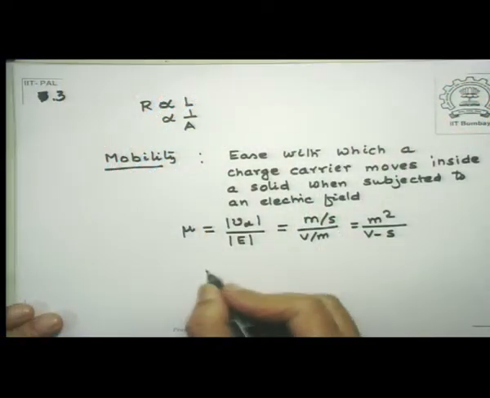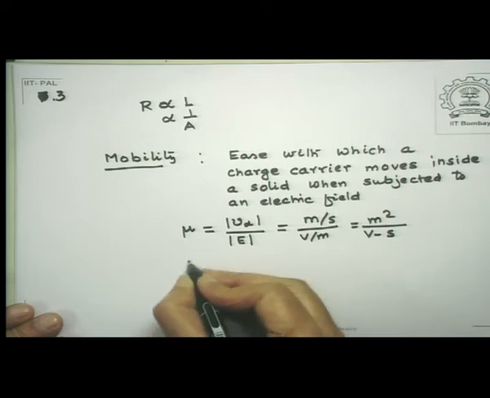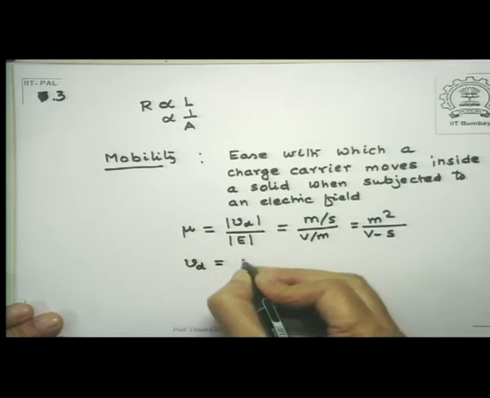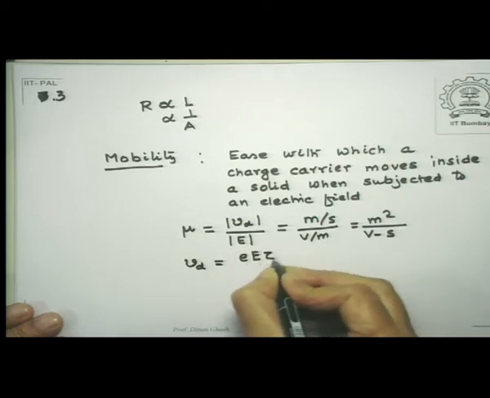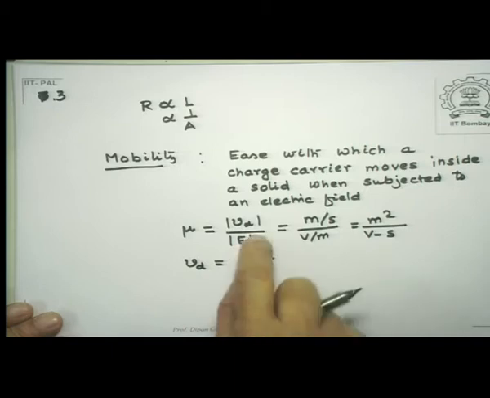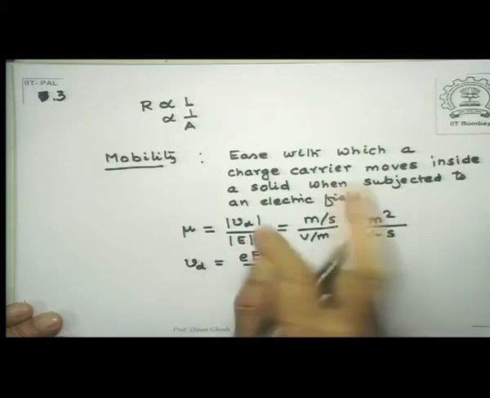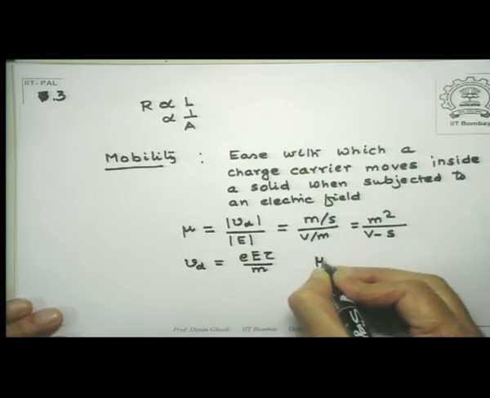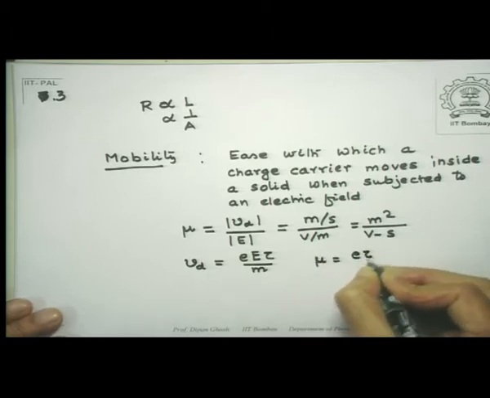So this is the quantitative definition of mobility, and let us try to see how it is connected to the characteristic times. Remember that we had obtained this expression for the drift velocity, which is e tau over m. If you substitute for the electric field and the drift velocity, you will find mu will be given by e tau over m.